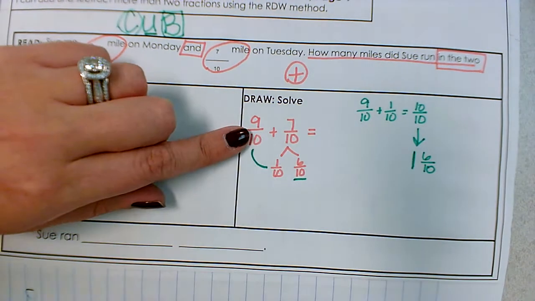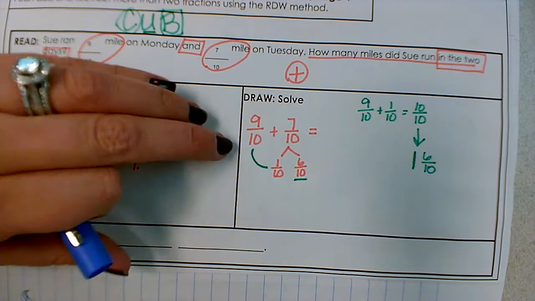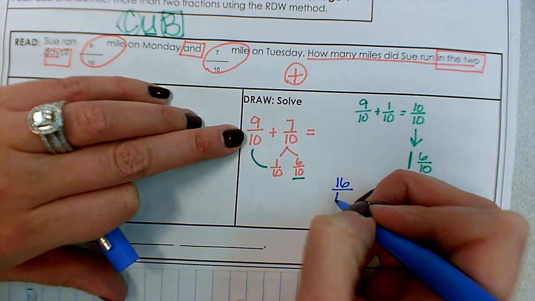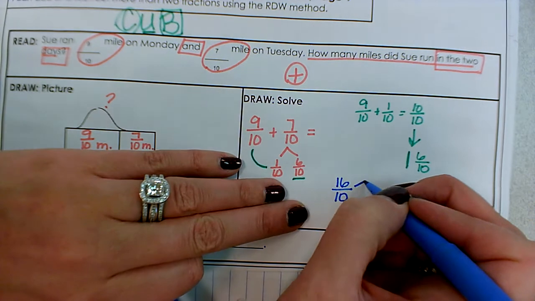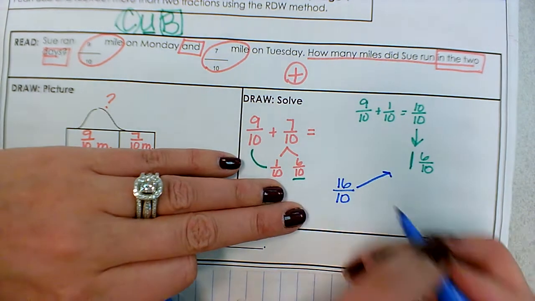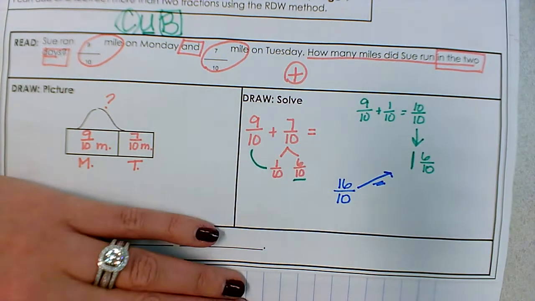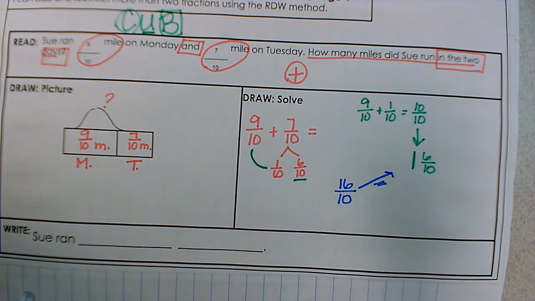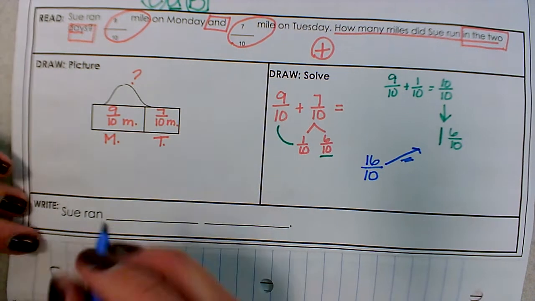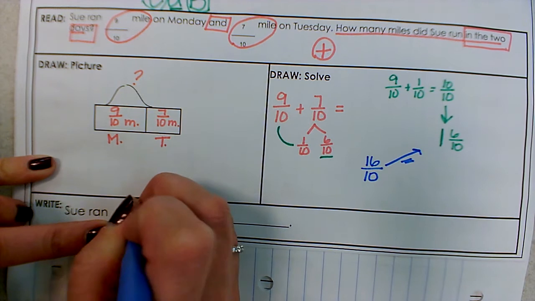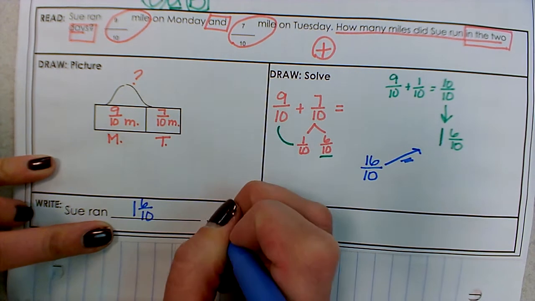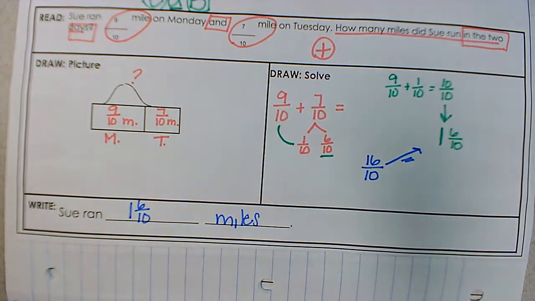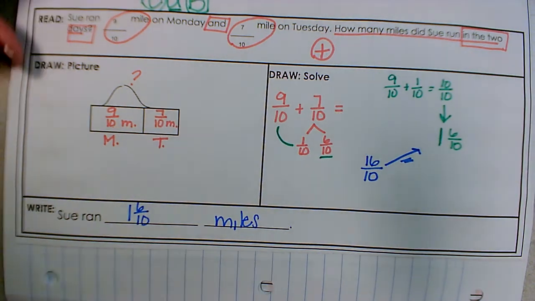Now, if I added this the first time and said 9 plus 7 equals 16/10, I know that 16/10 is equal to 1 6/10. Okay, so either one of those is a correct answer. So Sue ran 1 6/10 miles. Always remember you need that label on there so we know what we're talking about.